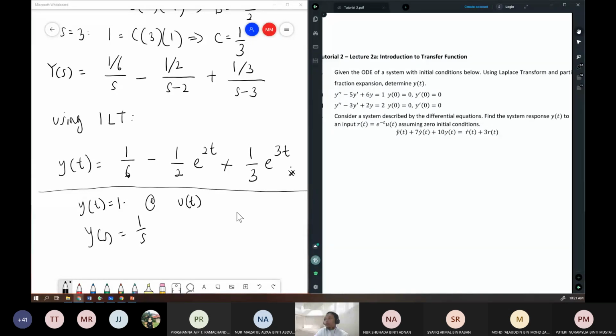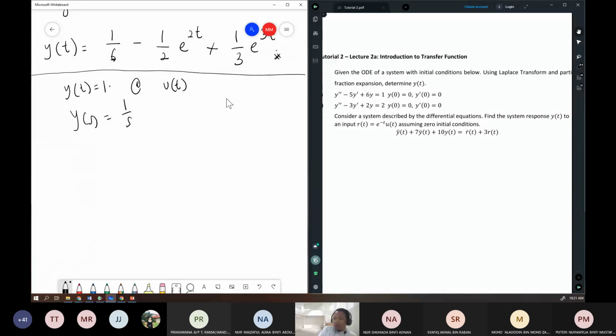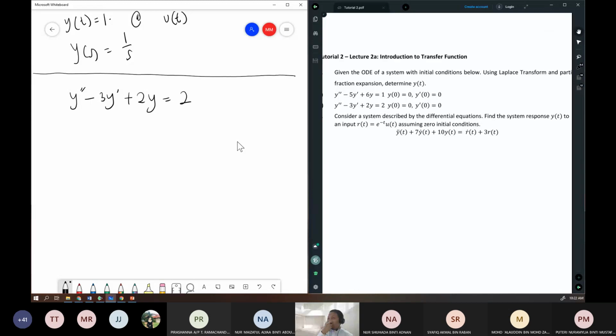Okay, so let's look at question B. Again, the initial conditions are 0, so we can just apply Laplace transform directly.